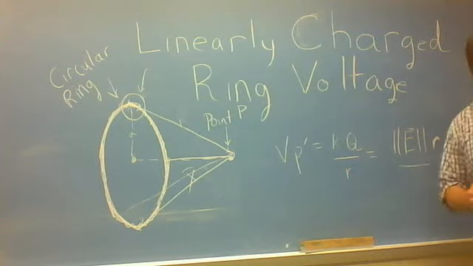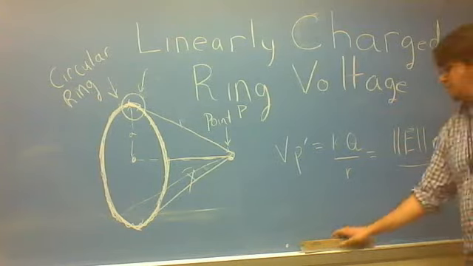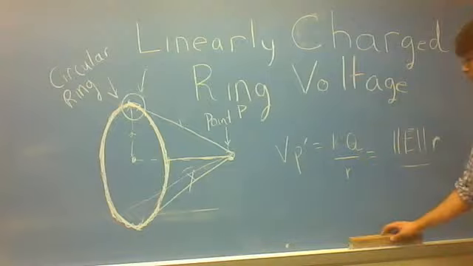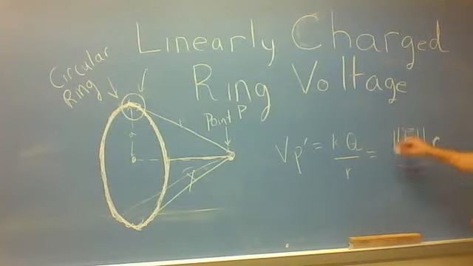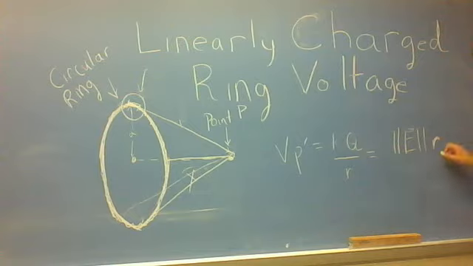So that's good. The next thing we want to do is, how do we get from here to here? Well, we don't really know what the electric field distribution is, but we can find some type of distribution in a geometric sense.